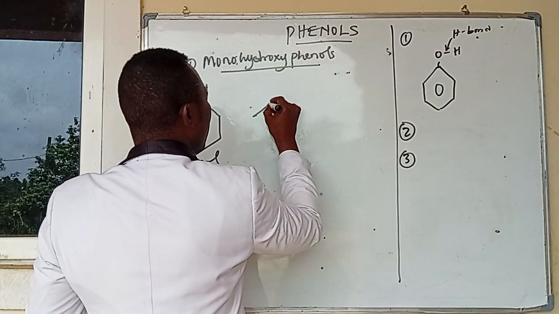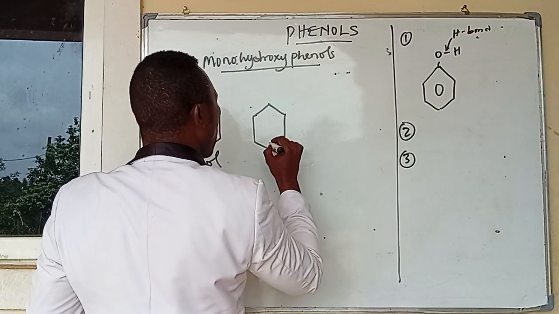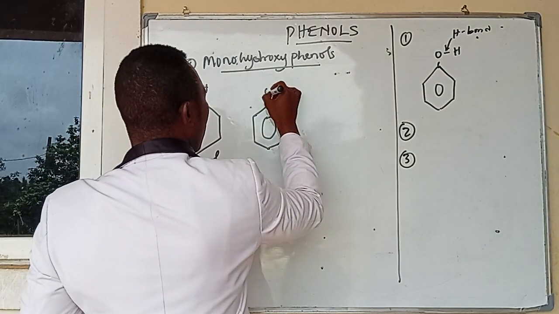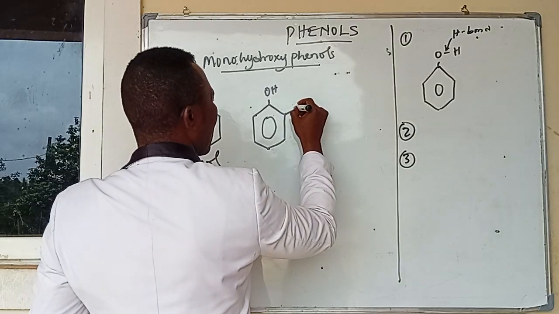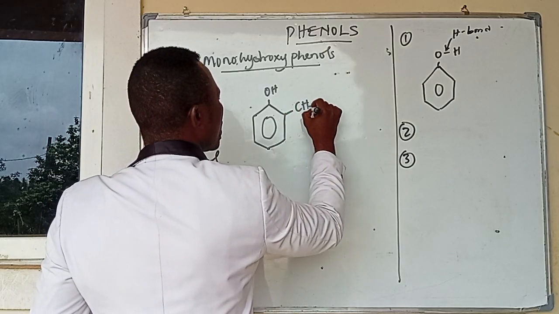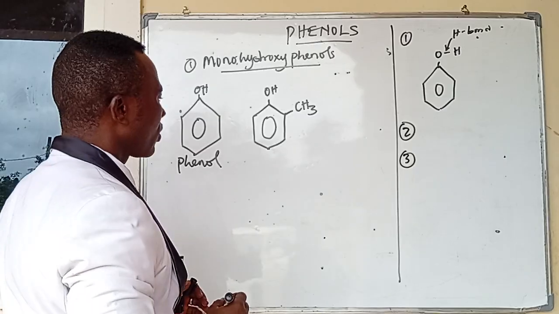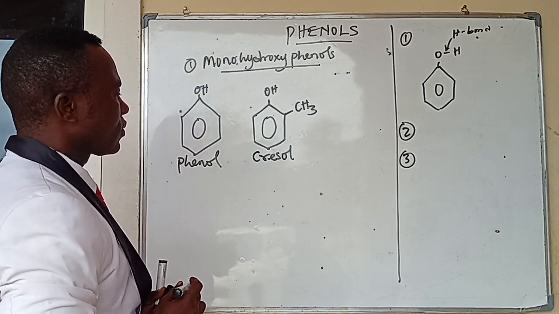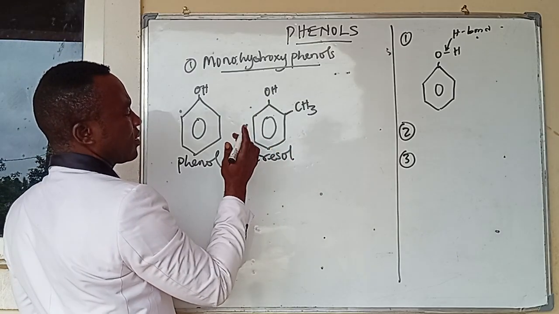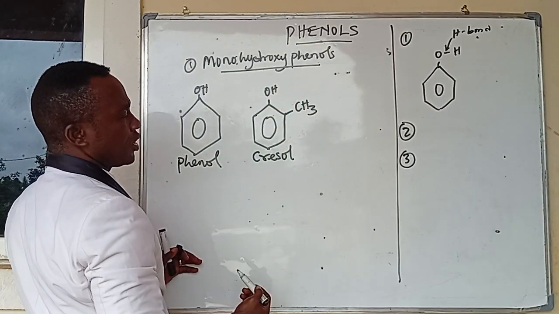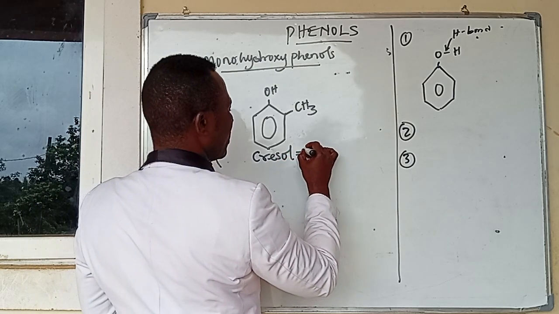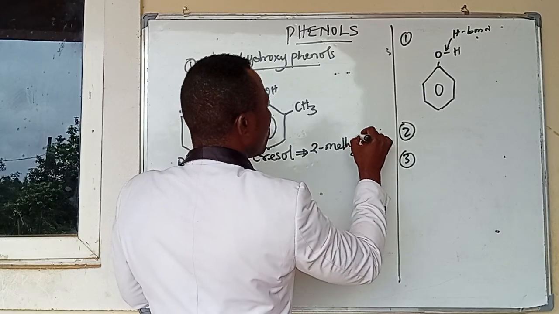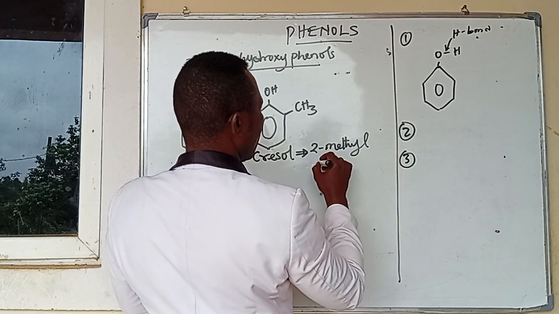From the word mono, it means one, so they have only one hydroxyl group. When I have phenol and I bond a CH3 methyl group to it, this is called cresol. Cresol is a monohydroxy phenol because it has one OH. Cresol is actually 2-methyl phenol.